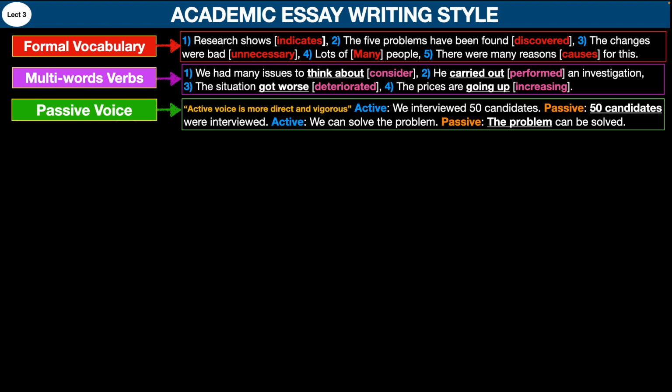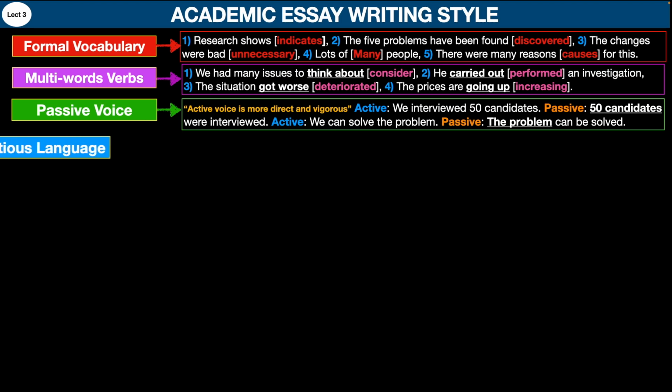We can solve the problem, and then the passive is: the problem can be solved. If the problem in your writing has more importance, then use it as a passive voice. But the fact is that active voice is more direct, vigorous, and lively. Most of the time, we try to use active voice, but again, it really depends on what you are going to argue and what you're going to present to your audience.